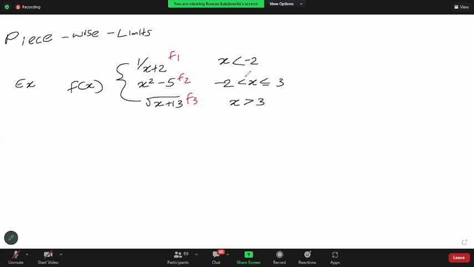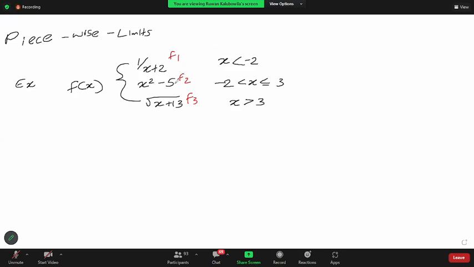So there are no worries within the ranges, but the only thing we have to consider is that the limit might be hard to find when you consider the point as a combining point, the end of one function and the start of the other function at a location, right?